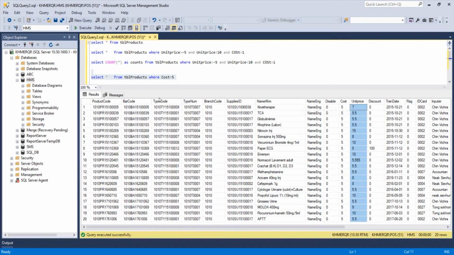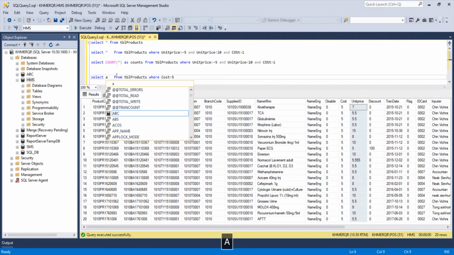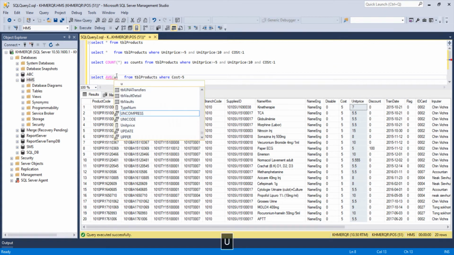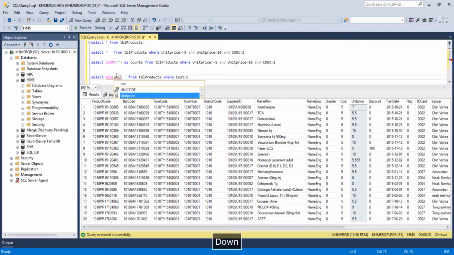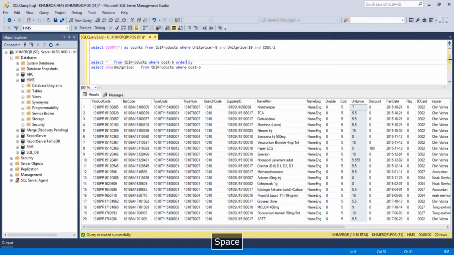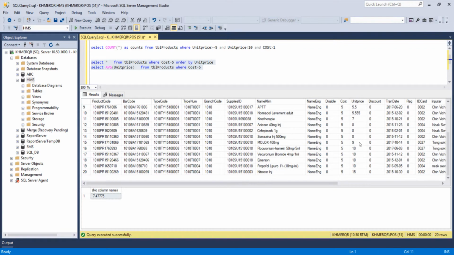So we want to find the average of the unit price. We use average on unit price. Okay, this one. I write order by unit price, which makes it easy to check from small to big.